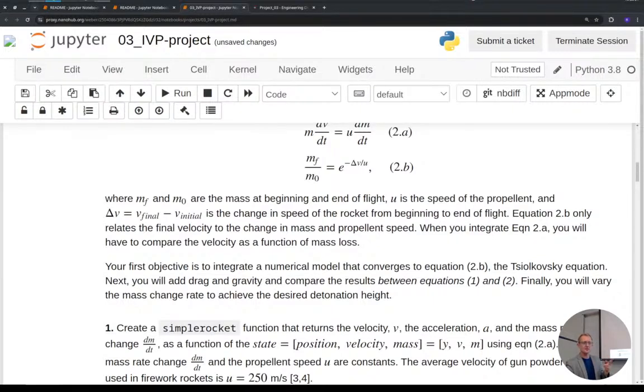And this is our first step, a verification step, that we can create that function. So if I can do that, then I can start adding drag and gravity, and I know that at least, even if other things go wrong, my process of integrating a function and solving a differential equation is all working correctly.